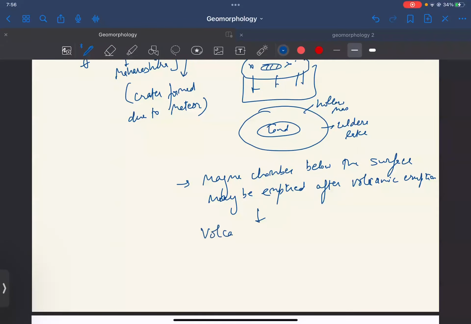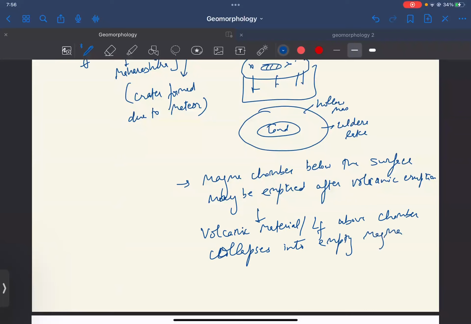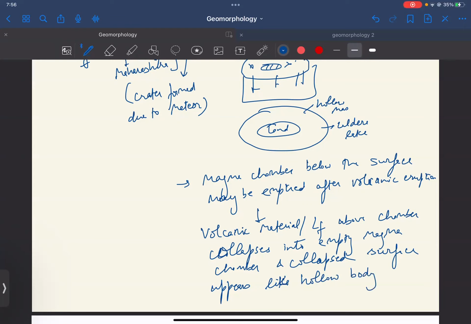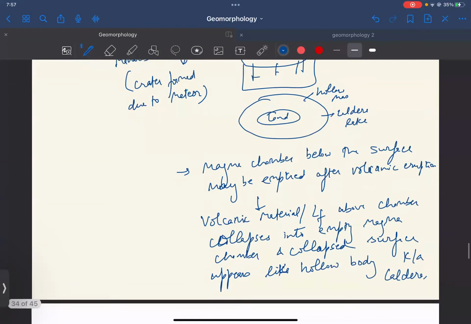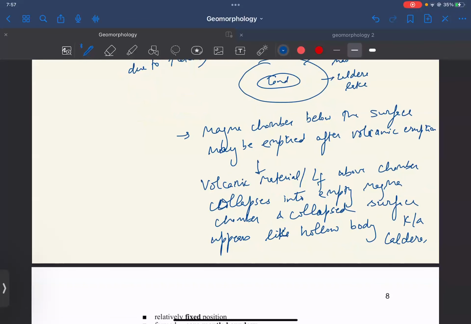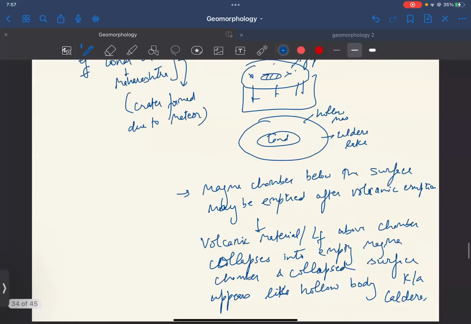So volcanic material or landform above the chamber collapses into the empty magma chamber, and the collapsed surface appears like a hollow body, which is known as a caldera. Right, keep this in mind. So is the difference clear?